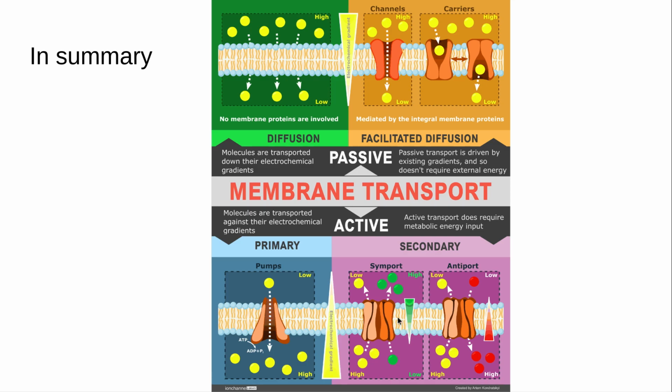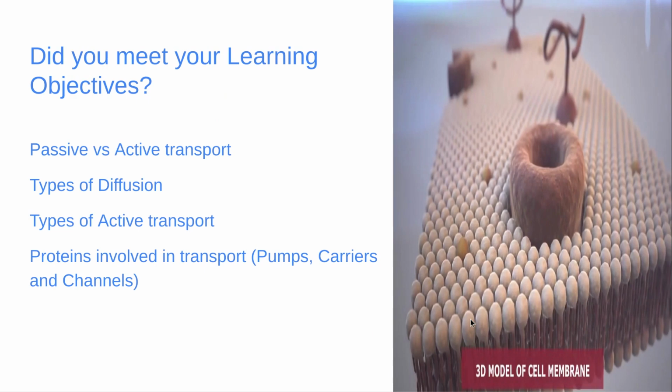When the movement of another material, let's say here the green particle, is powered by the movement of another ion, which again requires energy to move, that creates a concentration gradient which allows this molecule to go from one side to the other against the concentration gradient. Then we call it symport if it happens in the same direction, and antiport if it happens in the opposite direction.